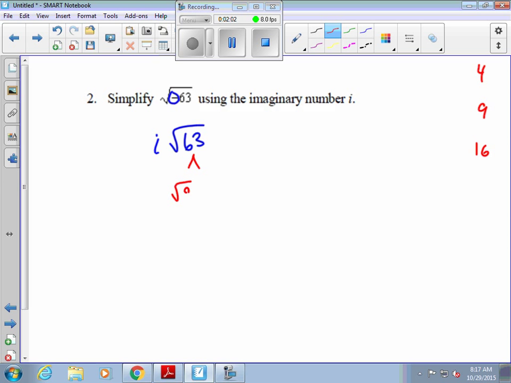So the square root of 9 times the square root of 7 gives you 63. Don't forget that there's an I here. You have to bring that down every time. So the square root of 9 is simply 3 times the square root of 7 times I. And then we just want to write it in a better order. Remember, it's not just 3. It's both positive and negative 3 times I times the square root of 7.